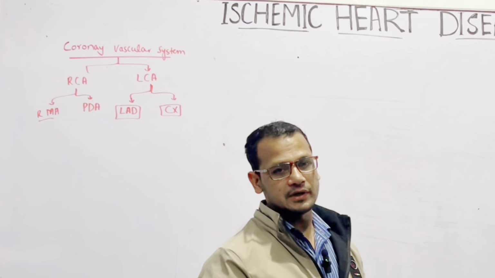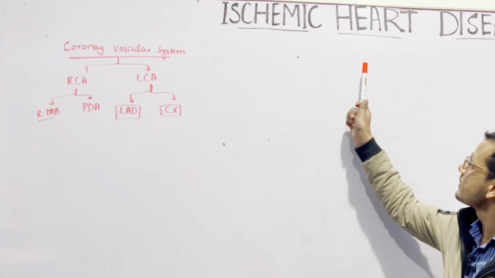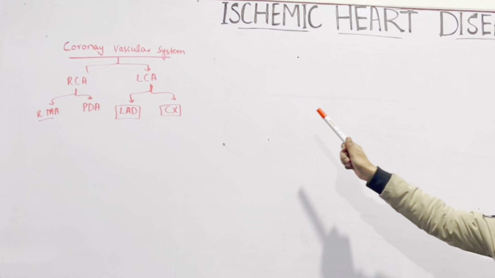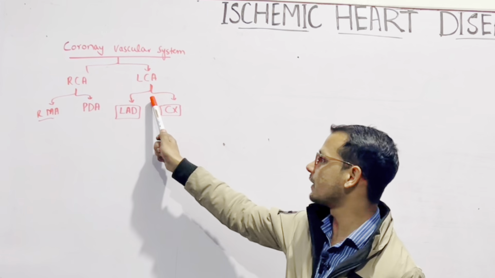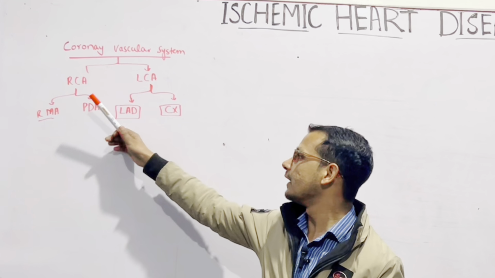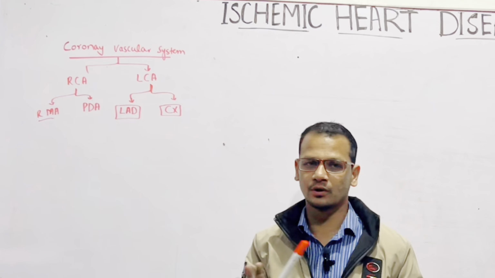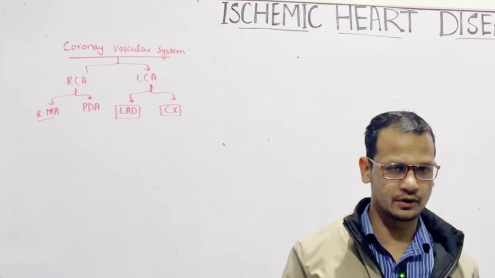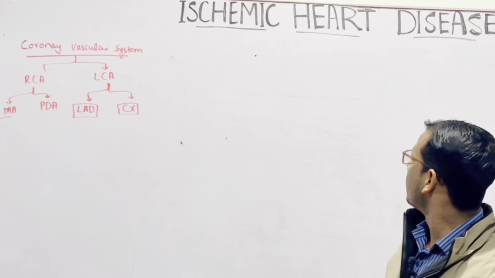So, in ischemic heart disease, we will discuss what ischemic heart disease is, why it affects the left side of the heart as compared to the right side, and a little bit about what ischemia and hypoxia are.